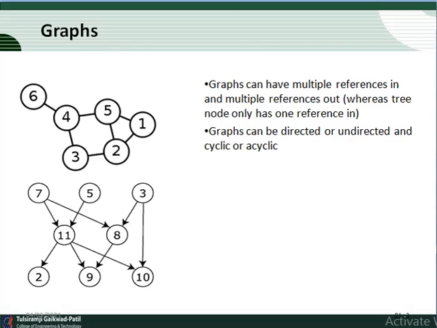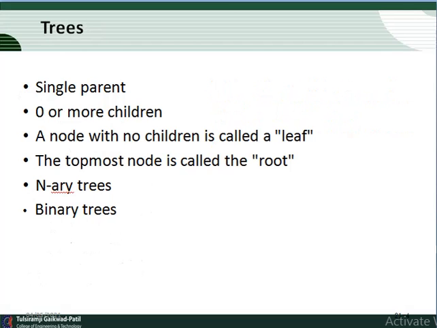On the left-hand side of the screen, various types of directed and undirected graphs are shown. A tree has a single parent and zero or more children. A node with no children is called a leaf node, whereas the topmost node is called the root node.